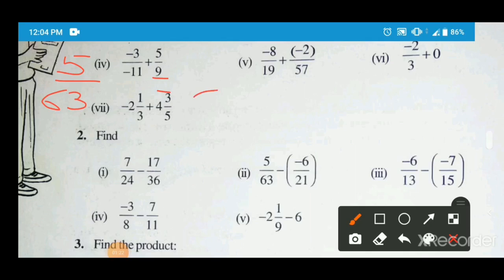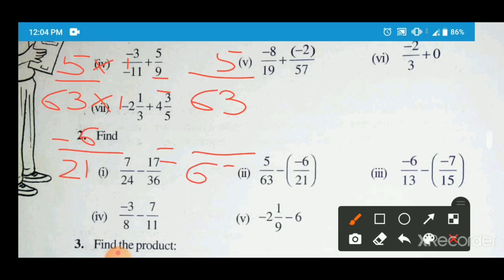We need 63 as a denominator, so we multiply this by 1 only, so it is 5 upon 63. And the next number is minus 6 upon 21, and again we want 63 in the denominator, so we multiply this by 3. So the new numbers are 5 upon 63 and minus 18 upon 63.